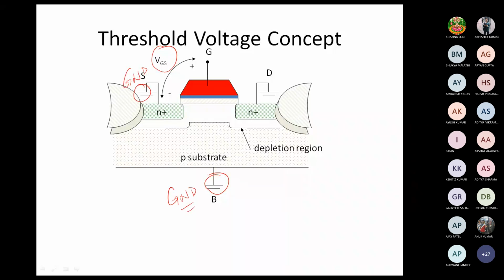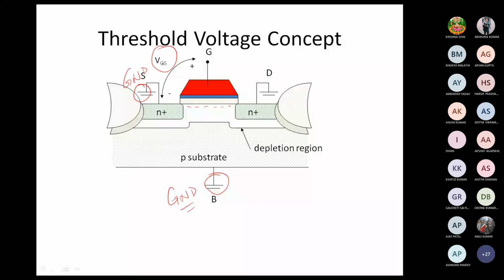If we apply a gate voltage, here we have this NMOS. So what happens, the electrons start appearing here.